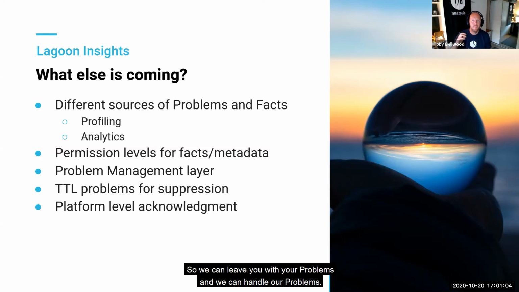So we can leave you with your problems and we can handle our problems, so that you can really focus on the Drupal issues. You can focus on the front end. So if you've got Yarn or NPM stuff in there as well.